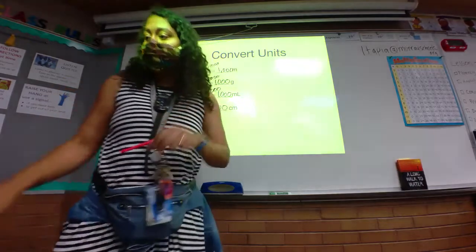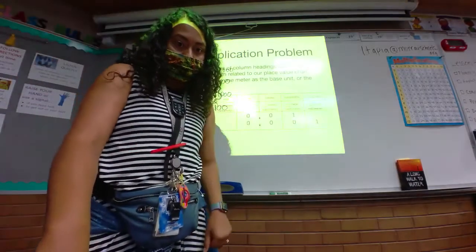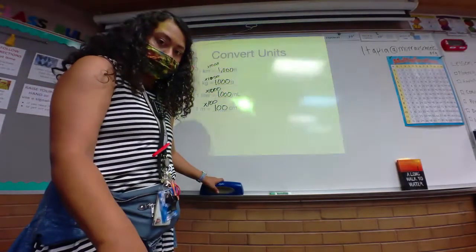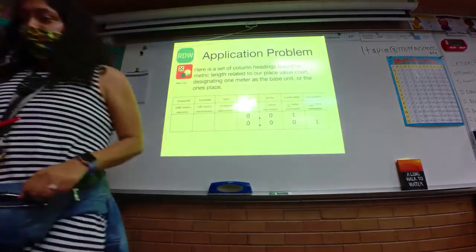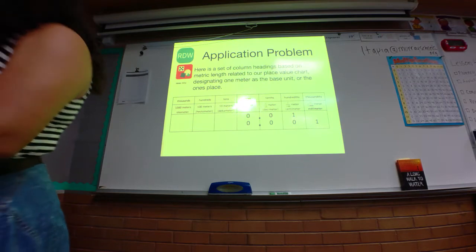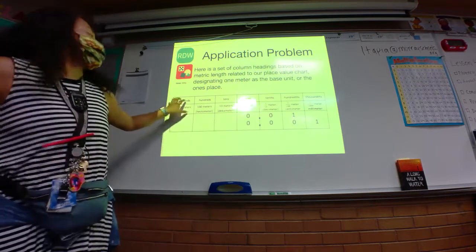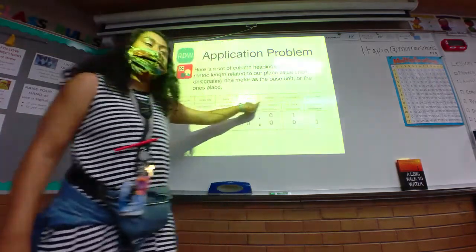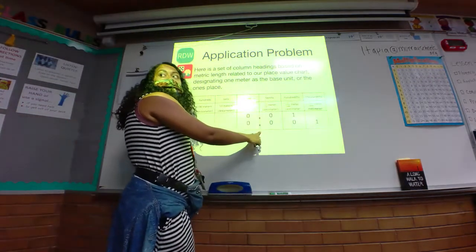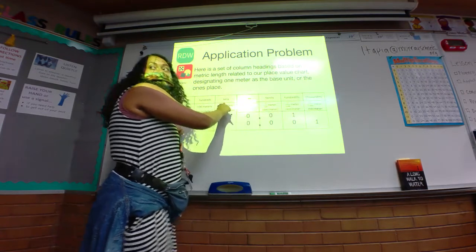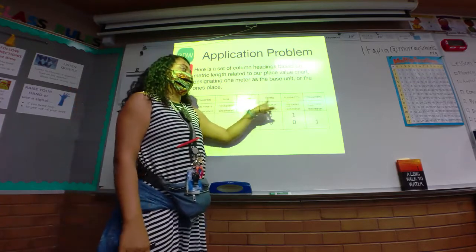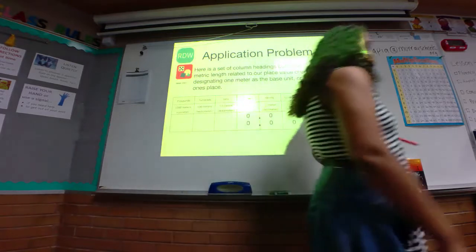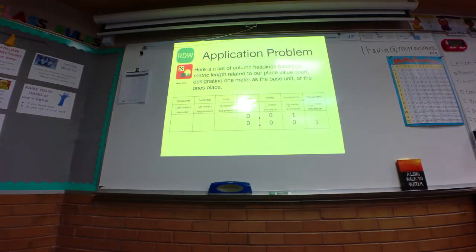Okay. All right. Let's do application problem. I have this table up on the whiteboard. It's like a place value chart, right? It has the decimal, it has the ones, the tenths, the hundreds, the thousands. Below that in the next row it says in meters.